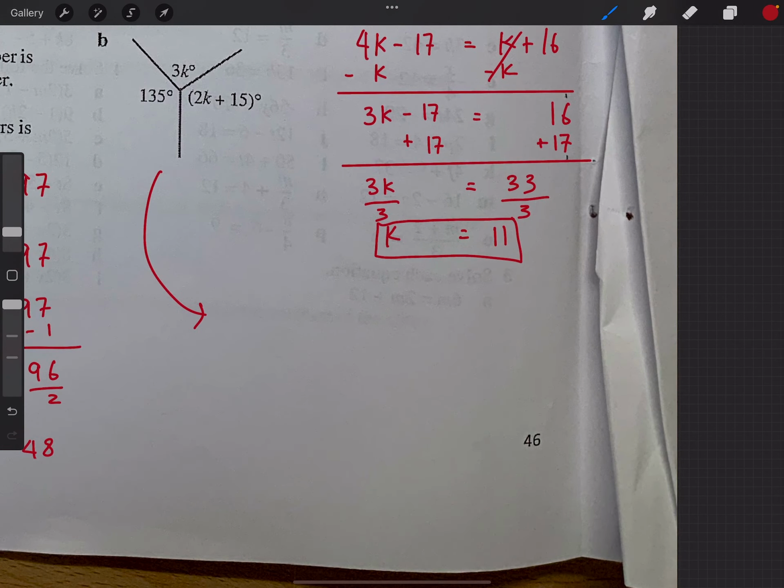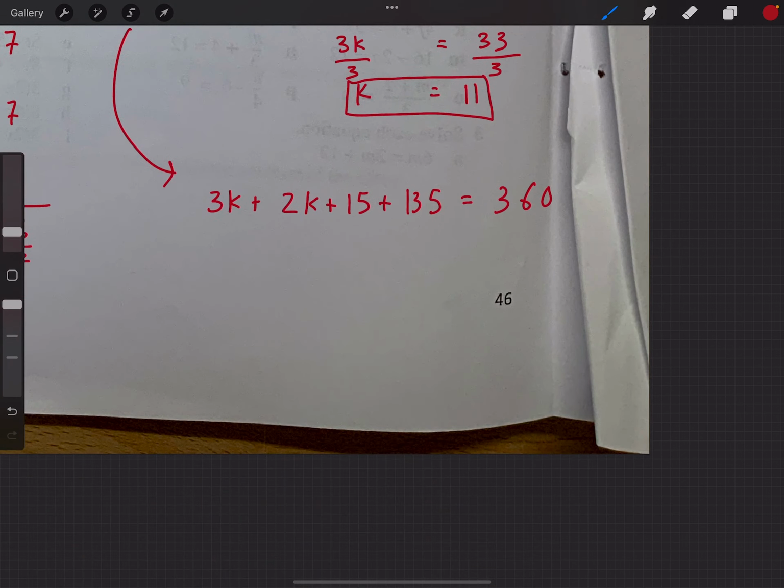So I can say 3k plus this angle here, which is 2k plus 15, plus 135, is equal to 360 degrees. So now all we have to do is collect the like terms and let's see what we get.